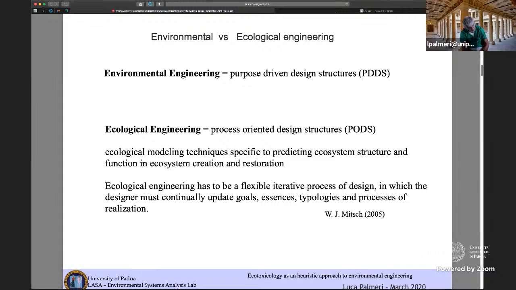In order to use a process-oriented approach, the typical tool or instrument is that of mathematical modeling.